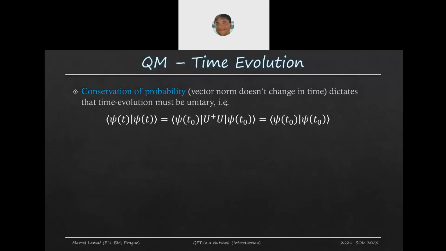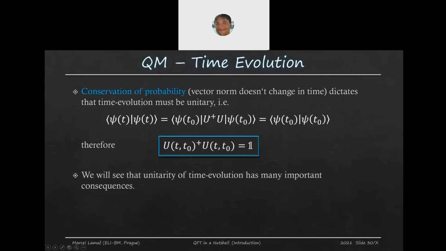It must mean that these operators are unitary, which means that they simply satisfy this condition, that they are unitary operators acting on some states. And we will see that the unitarity of time evolution has many important consequences either in quantum mechanics or QFT. But okay, so this is what we got.